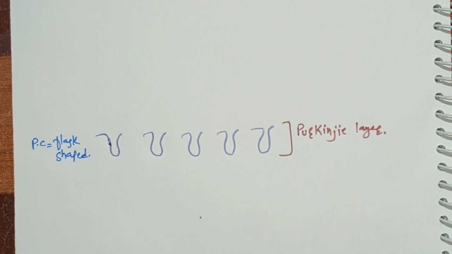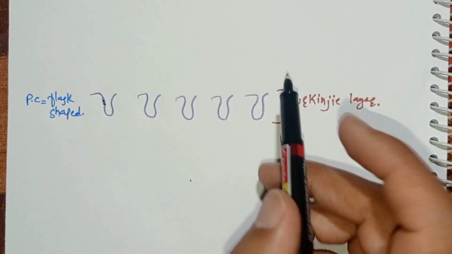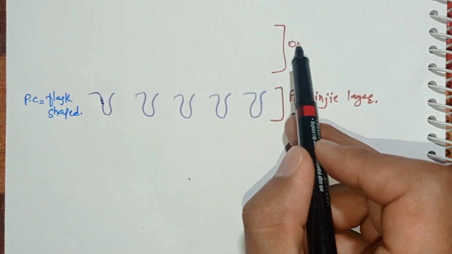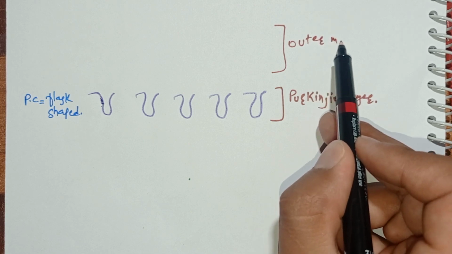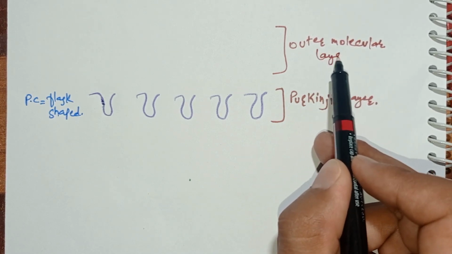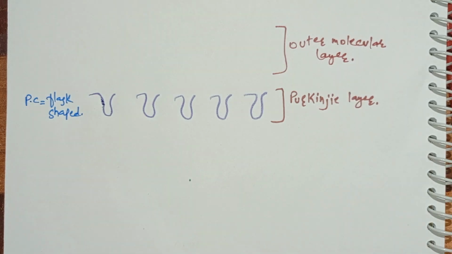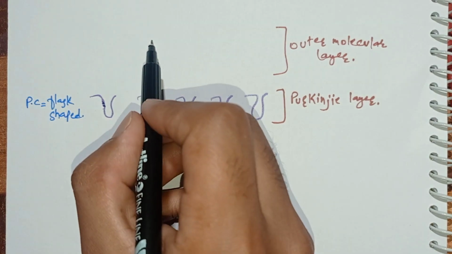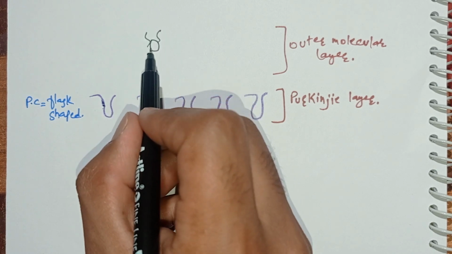Now we will talk about the outer molecular layer. This outer molecular layer contains stellate and basket cells, so we'll draw them.